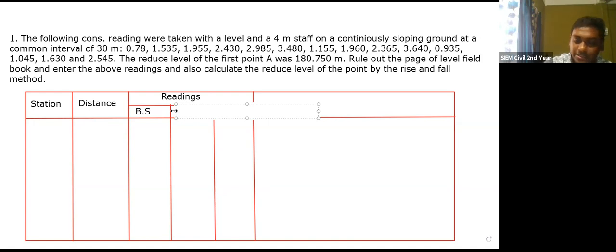That is the intermediate side, that means IS. And BS, IS, and FS. There is FS. Okay.